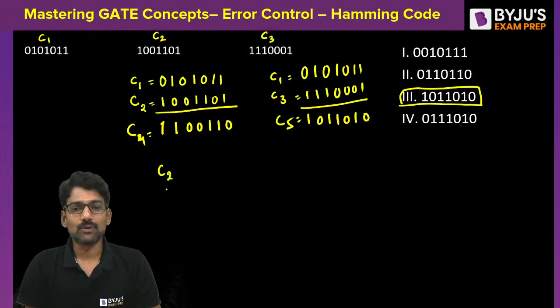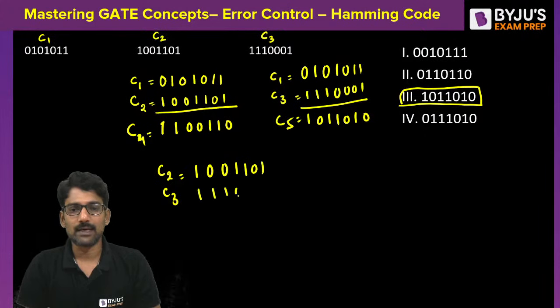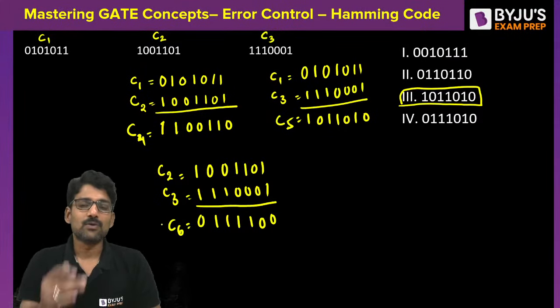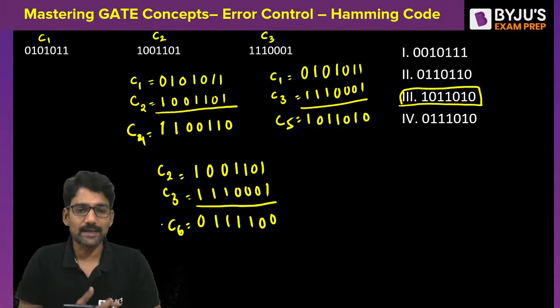Let us do XOR between C2 and C3. 1 0 0 1 1 0 1, 1 1 1 0 0 0 1. Do XOR, 0 1 1 1 1 0 0. Do we have this? No. Okay, no problem. C6. So we have got three new valid code words.